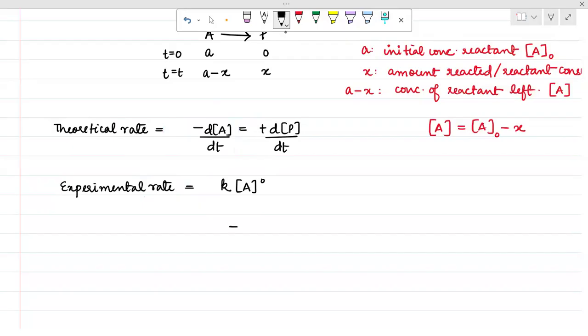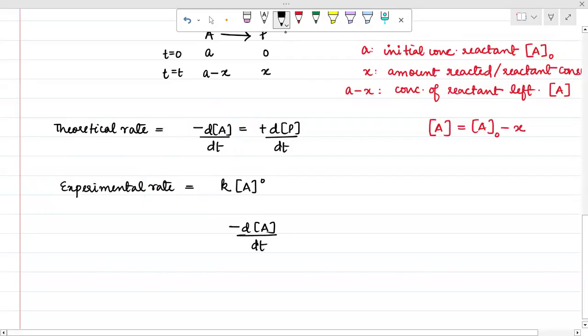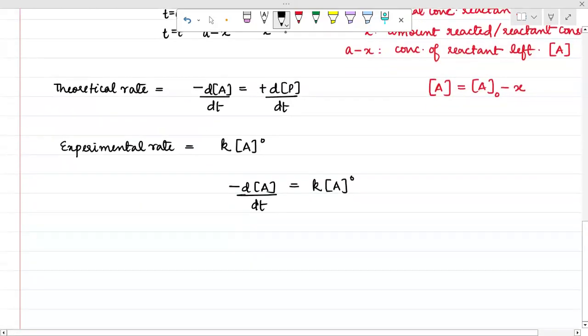So what will we get? Minus dA by dt is equal to K times the concentration of A to the power 0, and any number raised to 0 is 1. I'll take dt to the other side, and the minus also to the other side.